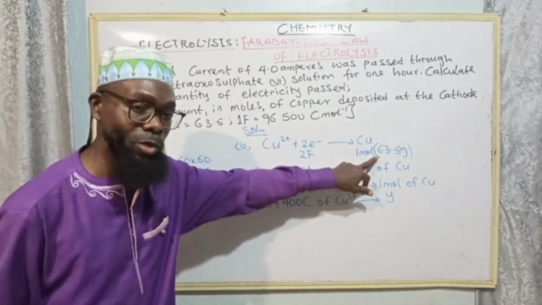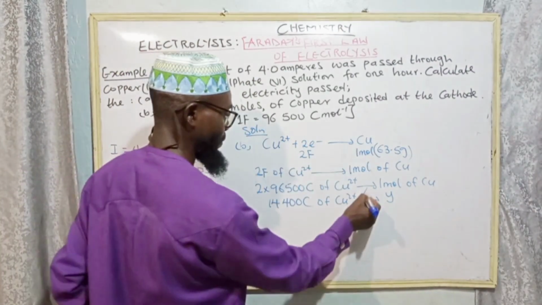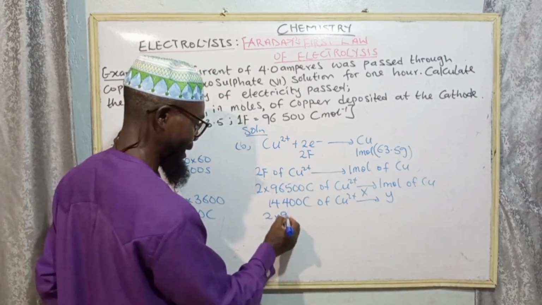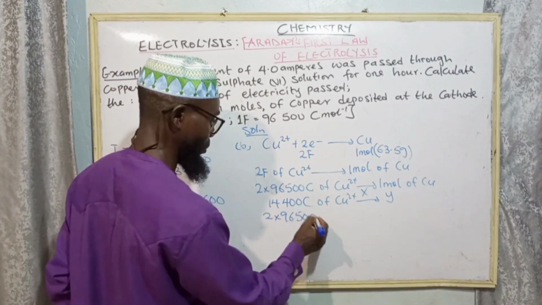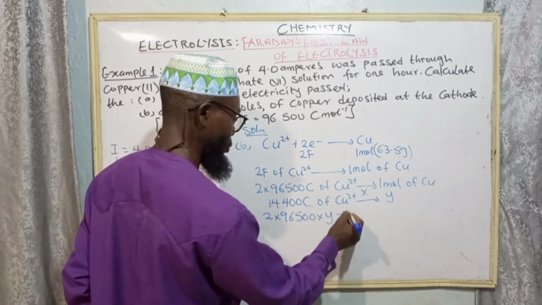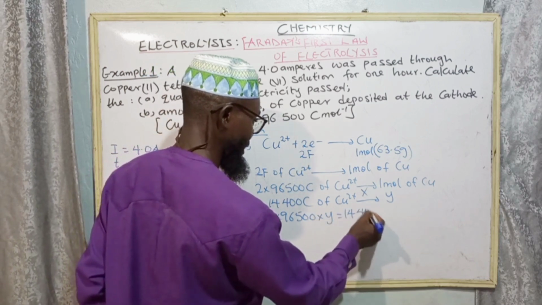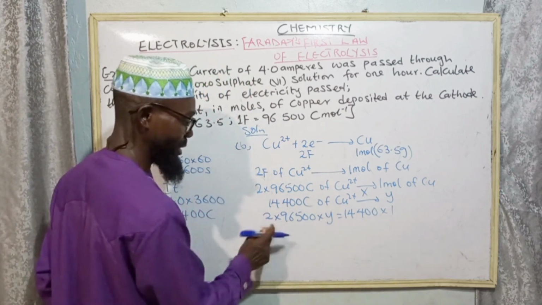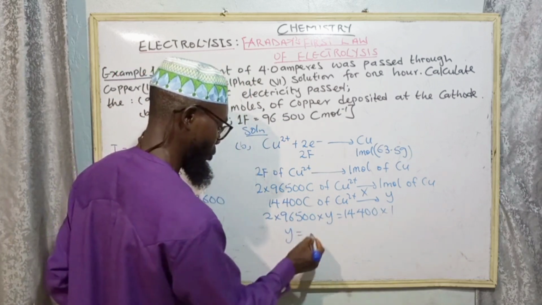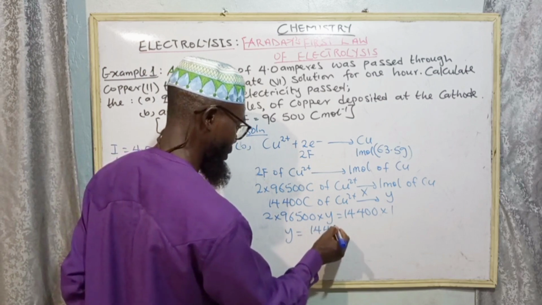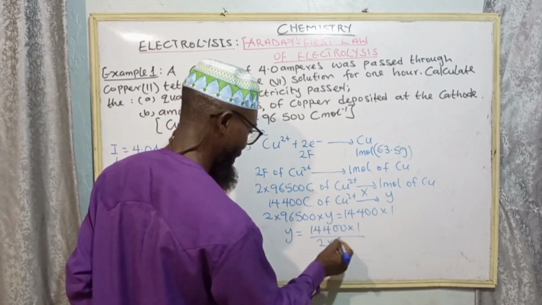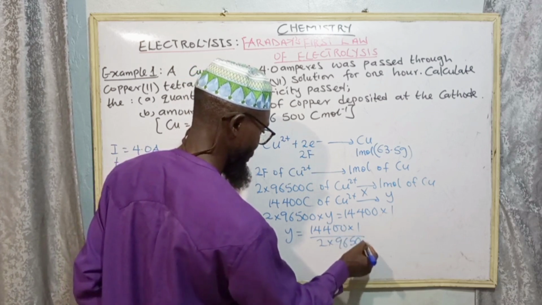We are asked to find the amount in moles and not in mass. That's the reason why I'm not using the molar mass. Cross multiply. 2 multiplied by 96500 multiplied by Y is equal to 14,400 multiplied by 1. To get my Y, I have to divide both sides by this. So Y equals 14,400 times 1 divided by 2 multiplied by 96500.